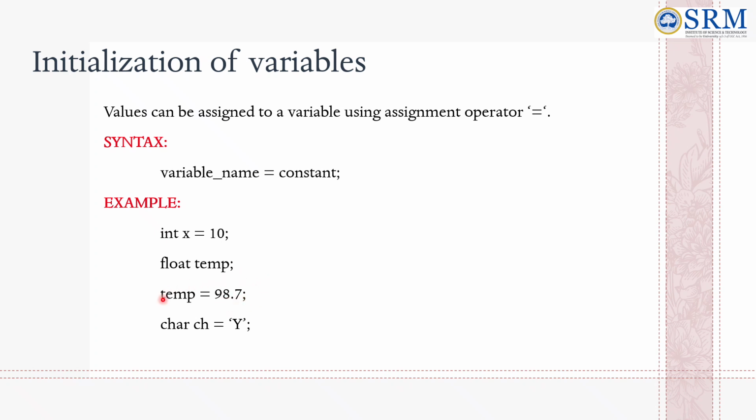So temp is a floating point variable which holds fractional data. And next we have ch, which is declared as character data type. It means that it can hold only character data. A character is one which is enclosed within single quote. Here is the example.